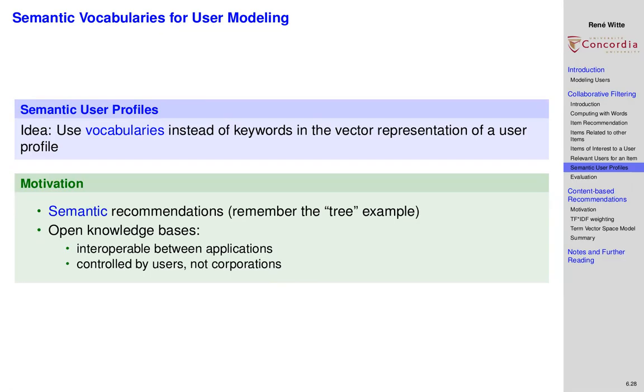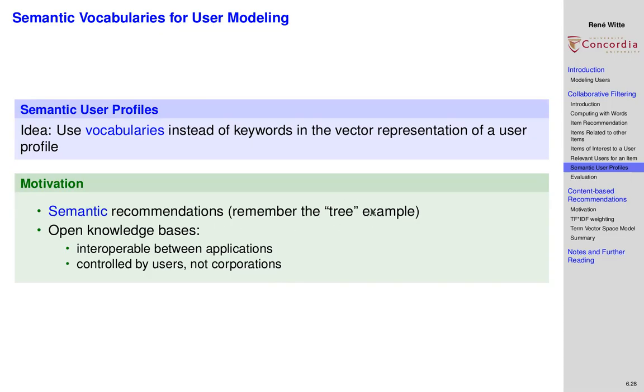So the idea is that in these vectors, what we are using at the moment are basically keywords or tags, something like in the case of the movie, the category. But you can imagine we can change this to a URI. We can use a vocabulary, and then we can be a lot more precise in what the user is interested in. And this is indeed used for some semantic recommendation engines.